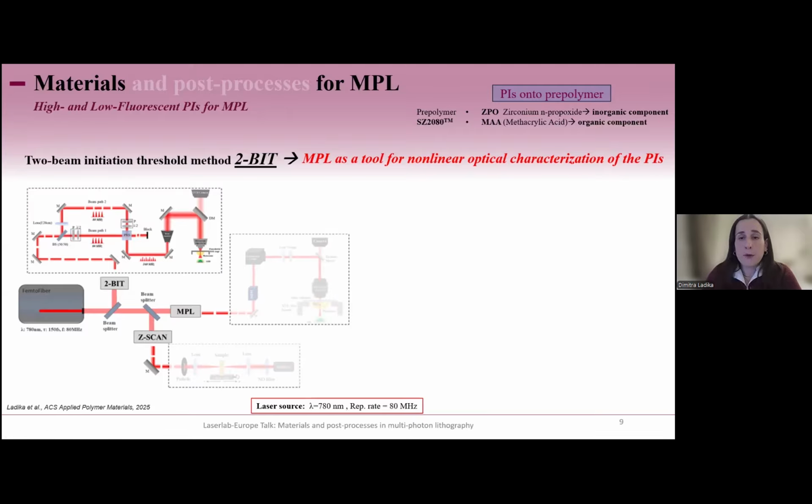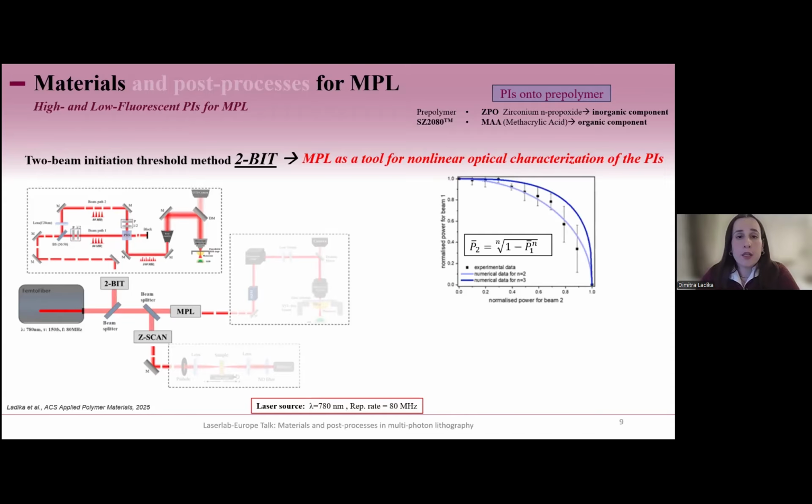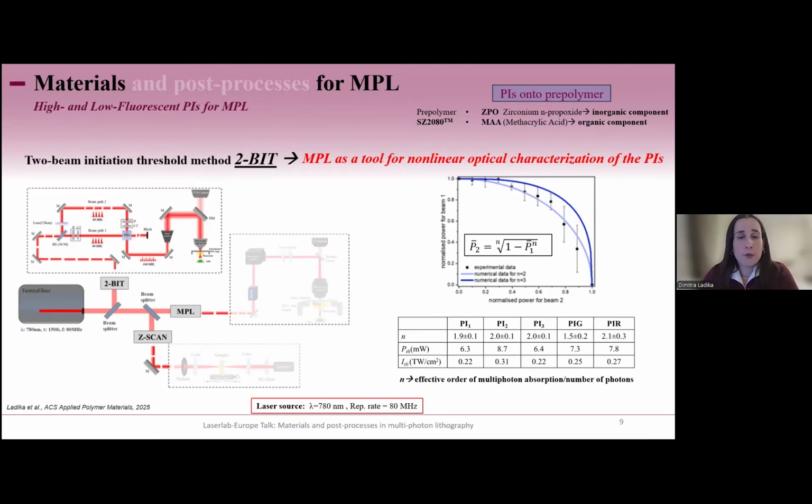Firstly, we determine the power of each beam, gradually increasing the power of each beam until we observe polymerization. This is how we take the measurements, actually each spot from this graph. And in the end, we have this graph. Once we fit it according to this equation, we can determine the number of photons, the number n, that were used in order to initiate polymerization.